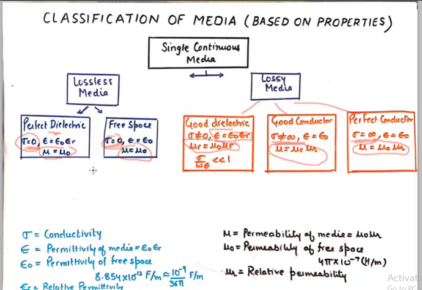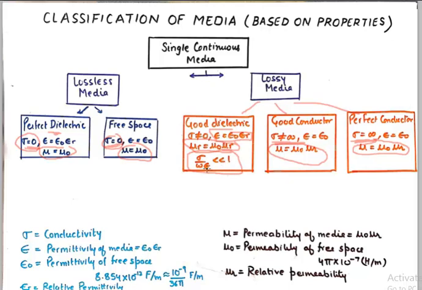One last thing that I want to touch upon is this value. This is known as the loss tangent, and the value of sigma upon omega epsilon is very very much less than 1 for the case of good dielectric, although it is very very much greater than 1 for some other case that is discussed in a separate video on the loss tangent.